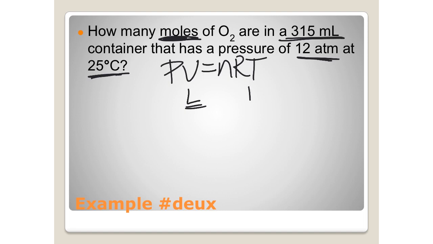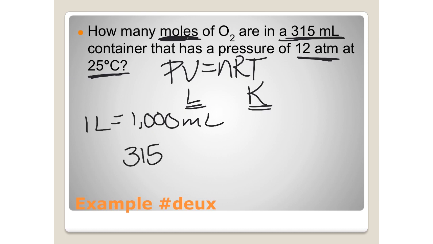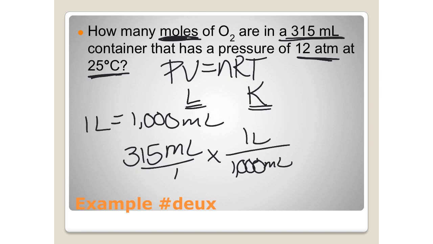Just like temperature always has to be in Kelvin. So we learned that 1 liter is equal to 1,000 milliliters. So in order to convert from milliliters to liters, you're either going to move the decimal 3 spots, or you can think about it as dividing by 1,000. So 315 milliliters, 1,000 milliliters equals 1 liter.